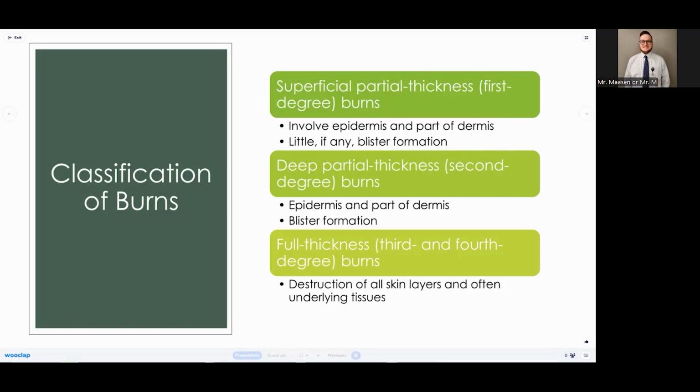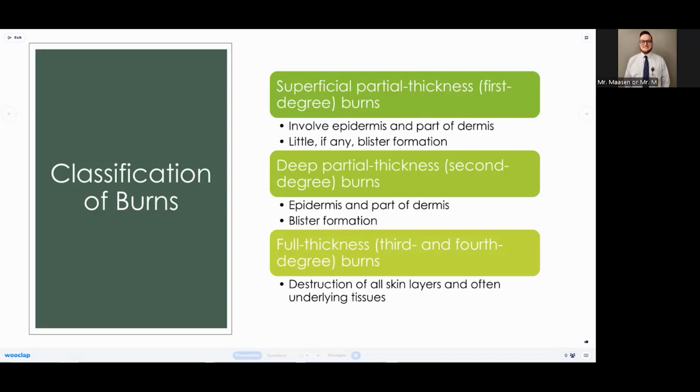Usually you're going to have severe pain and increased hypersensitivity in general. The risk with deep partial thickness, the second degree, is infection and large amounts of scar tissue formation.